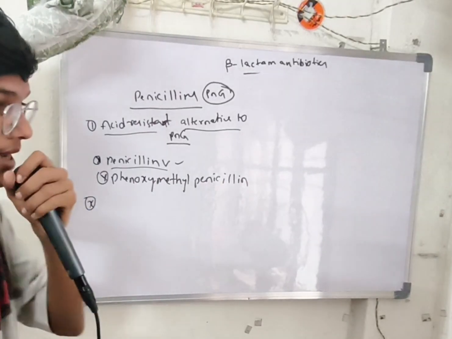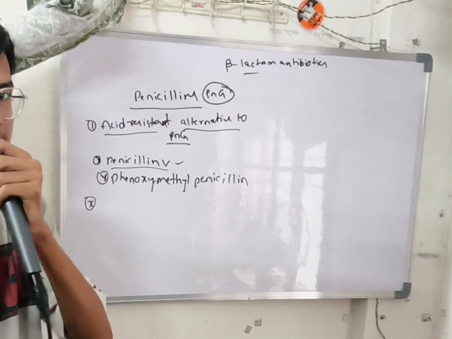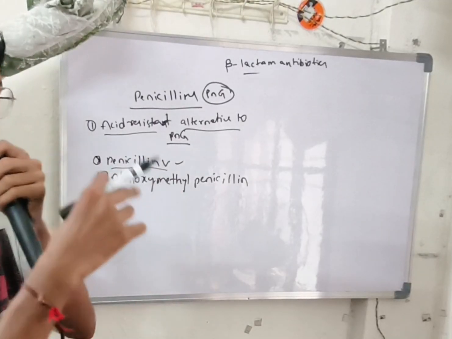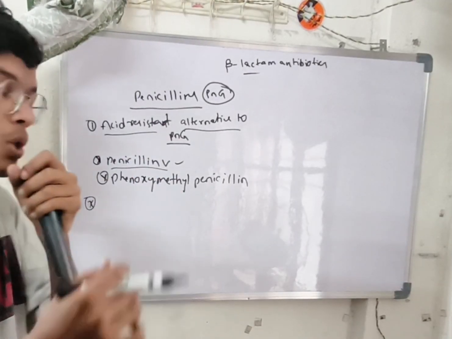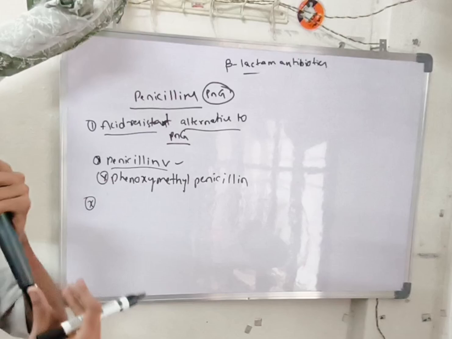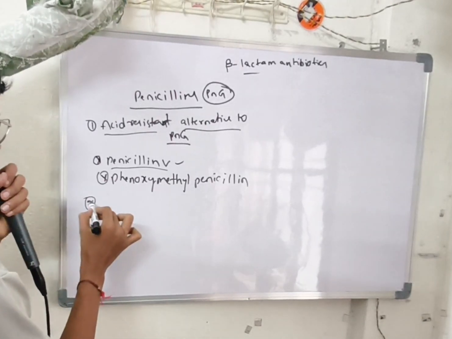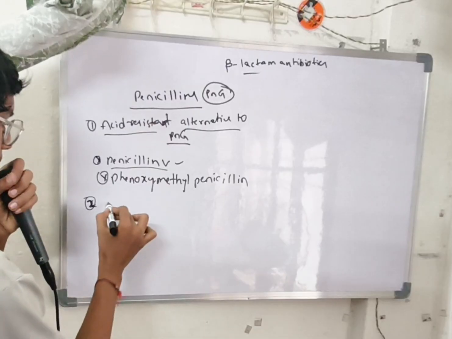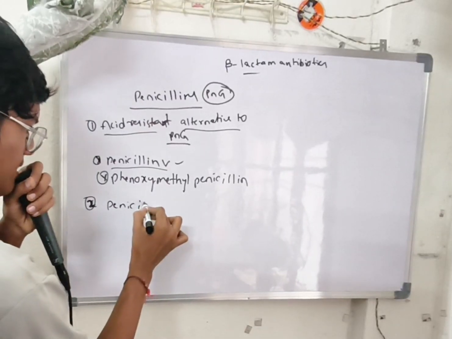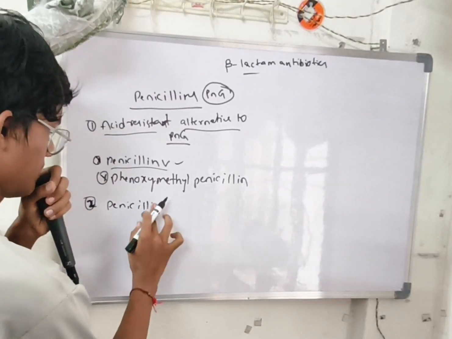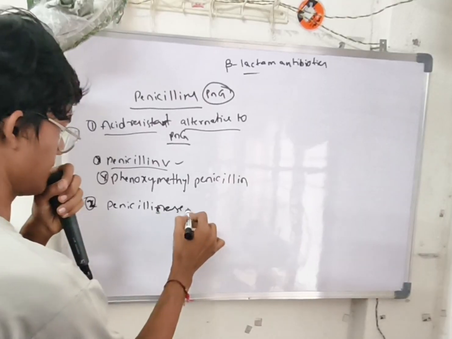Bacteria produce an enzyme, penicillinase, which degrades the beta-lactam ring of these penicillins. So we have to make drugs which are resistant to penicillinase also. In the second subtype we can write penicillinase resistant.